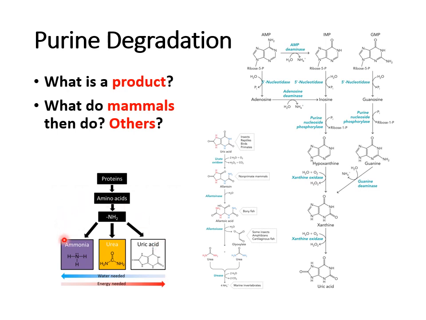The last one that you see over here, or first one, if you're looking at it from left to right, is ammonia. So ammonia is going to be the nitrogen waste product of fish. And the reason that fish can release ammonia as their waste product in terms of purine degradation is because ammonia is highly toxic. If we have a ton of ammonia, that's going to be a problem for us.